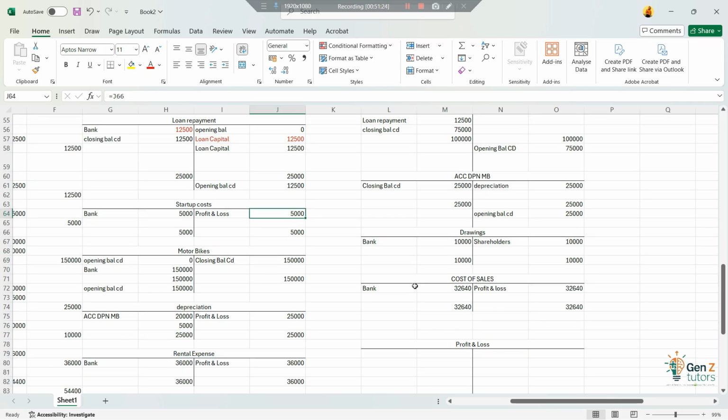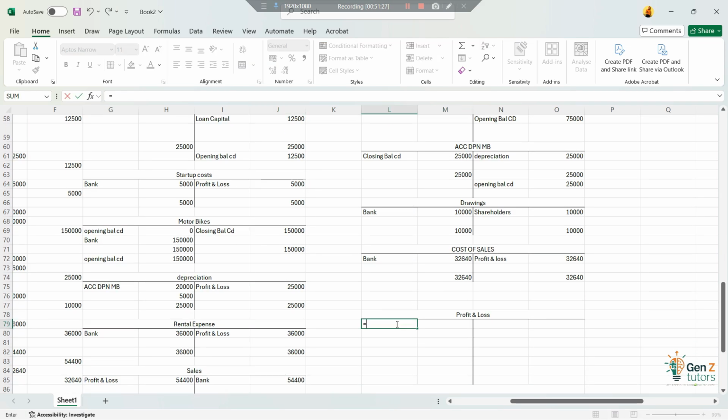So now we need to go and say debit startup cost for how much, for this particular 5,000. Then we are done with the transaction. And then motorbikes, that is an SFP transaction. Depreciation, that is part of the profit and loss. So now we go and say depreciation, and then for how much, the depreciation for 25,000, right?